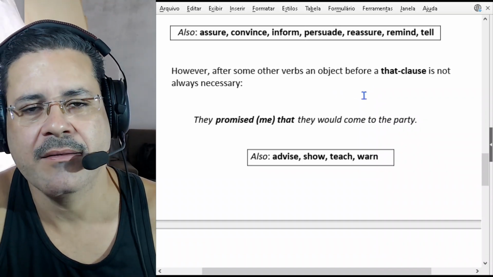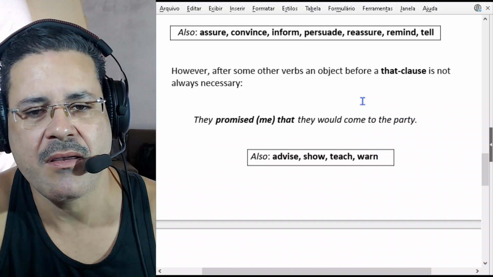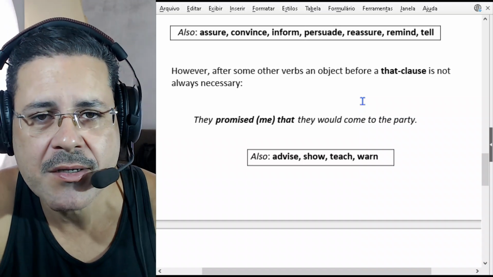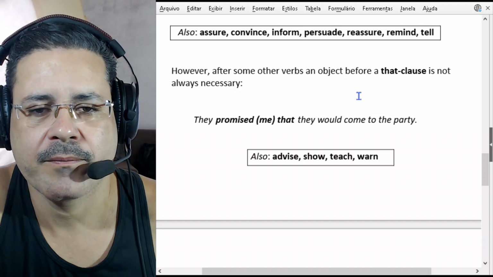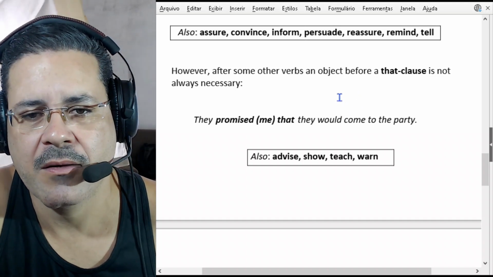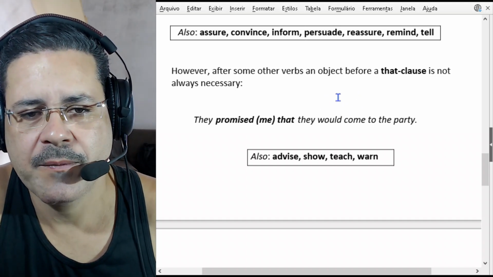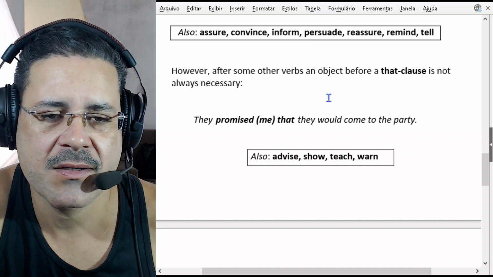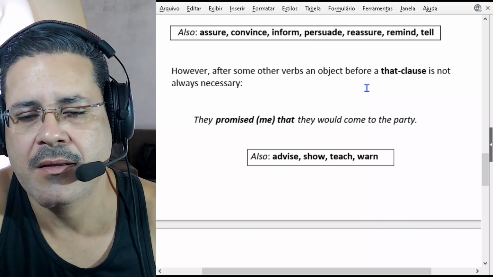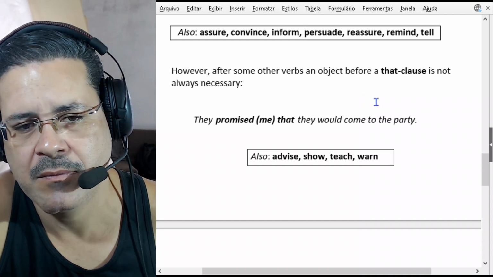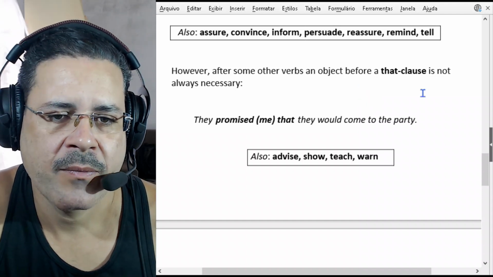He was like, they promised me that they would come to the party. Or asked about whether they would come to the party. She was like, they promised.